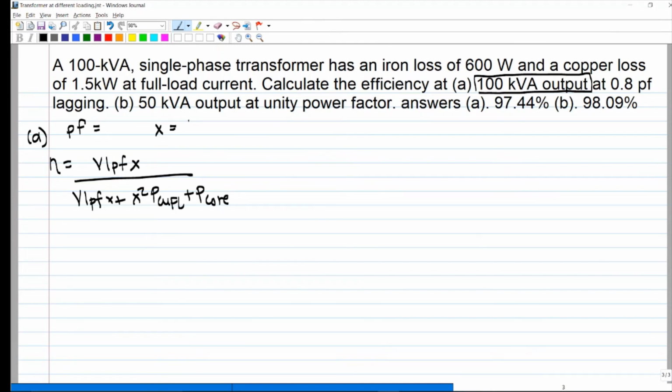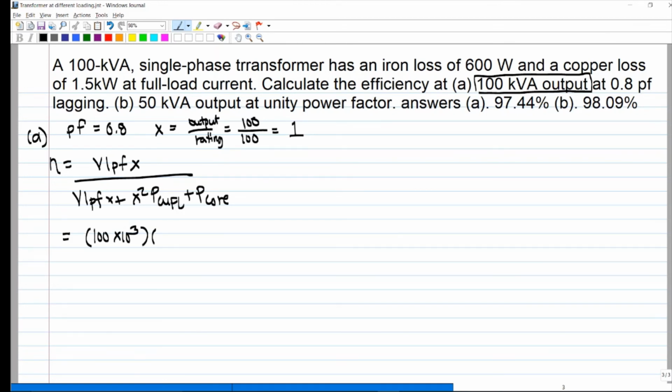Using output divided by rating. So kung ang output natin sa letter A ay 100 and the rating is 100, therefore, we are solving for a full load, and that is 1. The power factor is 0.8. So given naman na yung iron loss and the full load copper loss. So solving for N, that is VI or yung VA rating natin, 100 times 10 raised to 3.